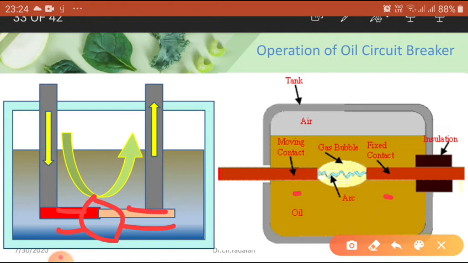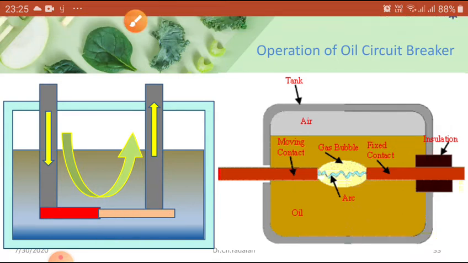The arc will produce a large amount of heat in the surrounding oil, vaporizing it and decomposing it into mostly hydrogen and a small amount of methane, ethylene and acetylene. Already we have seen this. The hydrogen gas cannot remain in molecular form and is broken into its atomic form, releasing a lot of heat. That heat is what we are using here. So this is the operation of the single break system. You can see in the figure how this is taking place.